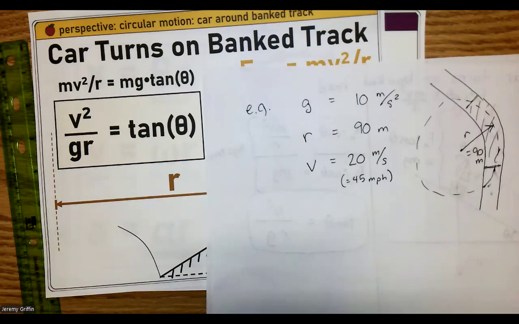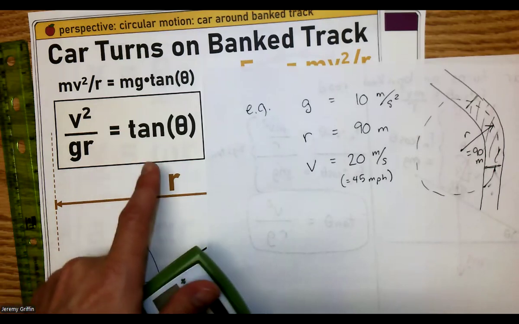How much are you going to bank that road? Figured it out. 24 degrees. All right, Peyton got it. 24 degrees. Oh yeah.